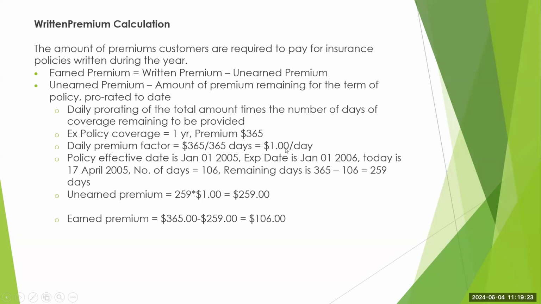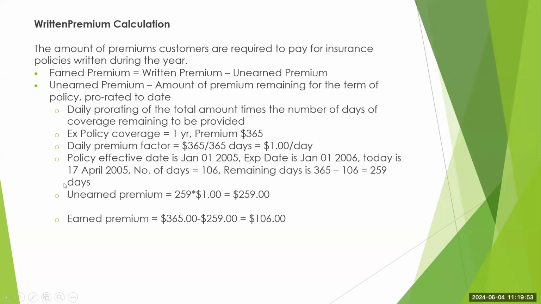That means per single day, $1 is charged. The policy effective date is Jan 1, 2005 and expiration is Jan 1, 2006. For example, if today's date is 17th April 2005, the number of days is equal to 106. So from Jan 1 to April 17, how many days? 106 days.